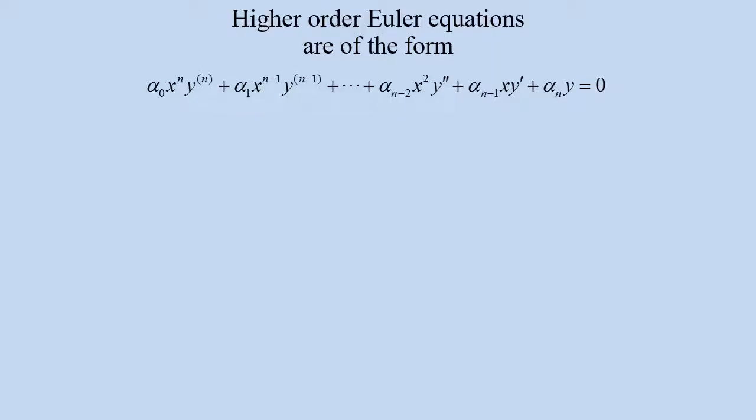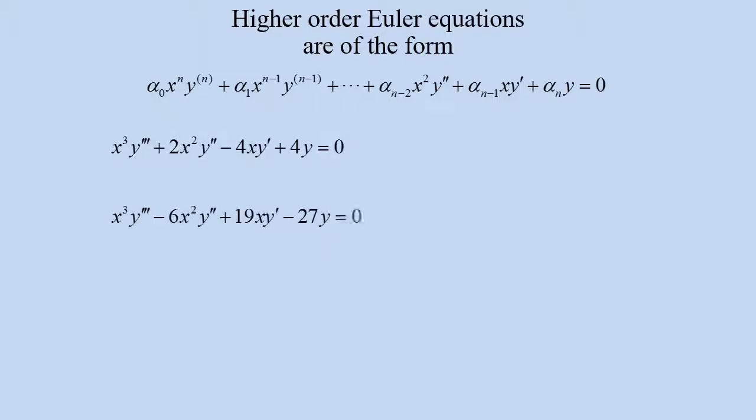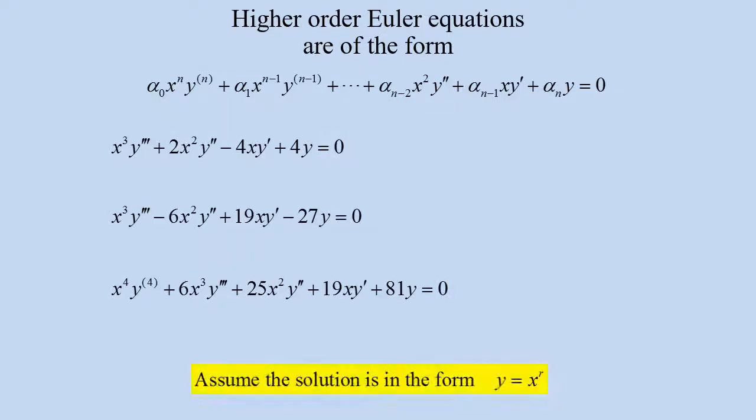Now, other than the added dilemma of solving higher degree polynomials, if we're solving higher order Euler equations, we simply extend the ideas of writing the solutions. I'll show you how that looks. Here are some that we'll take a look at.